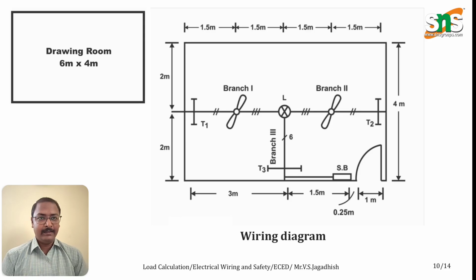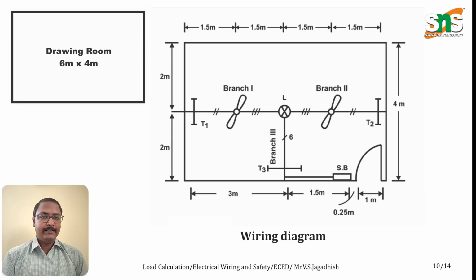So here for a simple drawing room, we have a wiring diagram where the electrical appliances are shown in a line diagram. We have T1, T2, T3 as fluorescent lamps, that is tube lights, and B1, B2, that is branch 1 and branch 2, represent a ceiling fan, and L represents the normal fluorescent lamp or a normal bulb, or it can be an LED light.